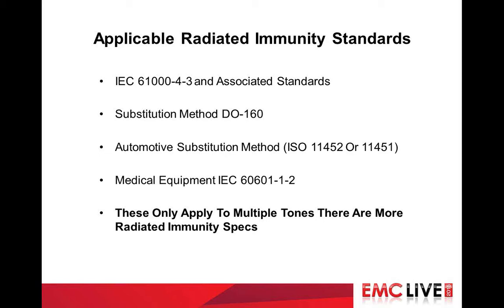DO-160 Section 20 pertains to RF susceptibility immunity testing for airborne equipment for every type of aircraft, from helicopters, business jets, to small general aviation aircraft, to jumbo jets such as Airbus. ISO 11452 standard applies to testing the immunity of electronic components for passenger cars and commercial vehicles. ISO 11451 applies to vehicles.